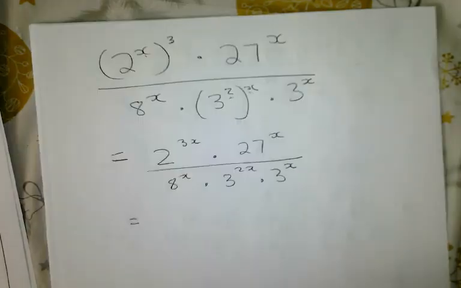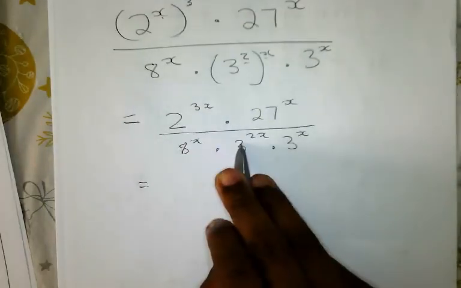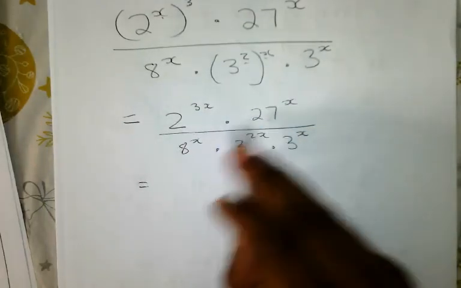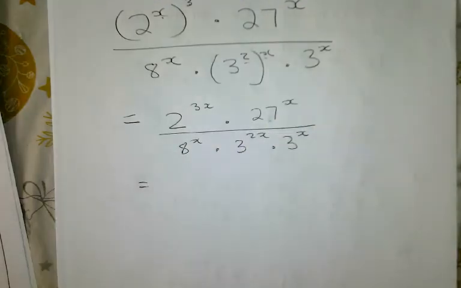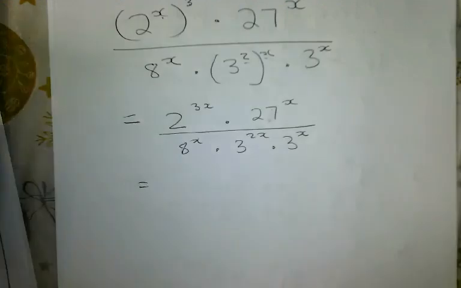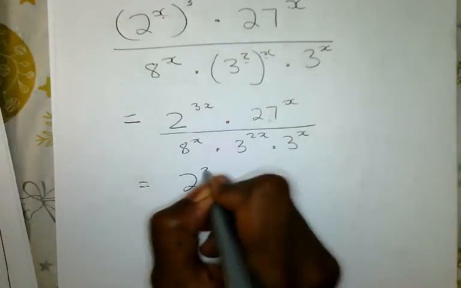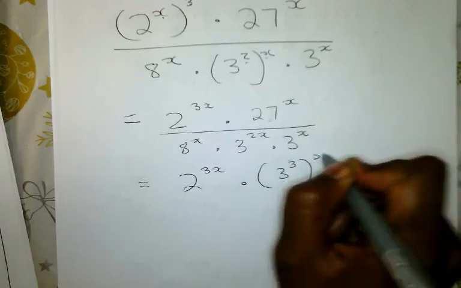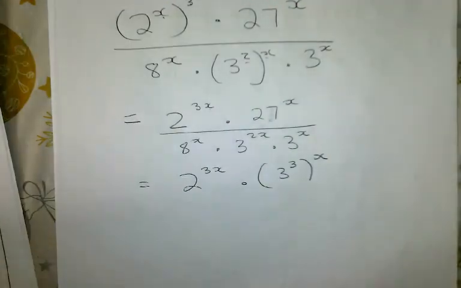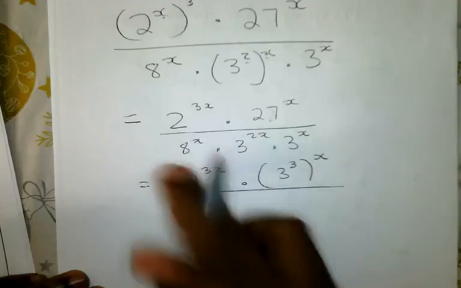I have to deal with these people here to make them prime numbers. How do I do that? I press on the calculator. This will give me that. If you're not sure, use a calculator. And then this one will give me that.